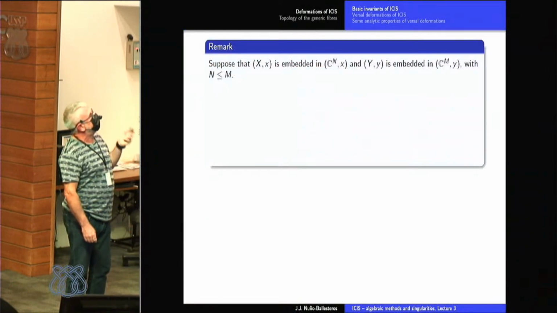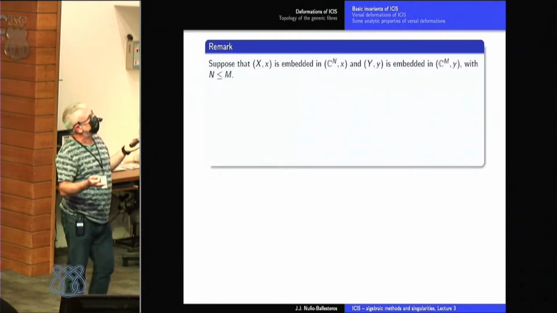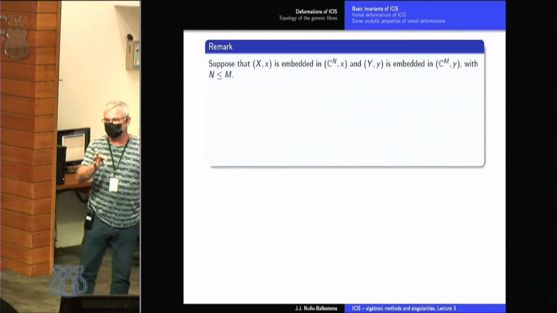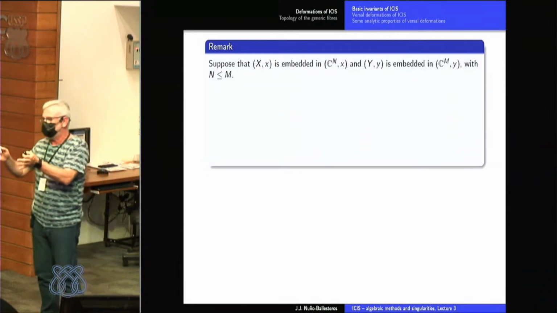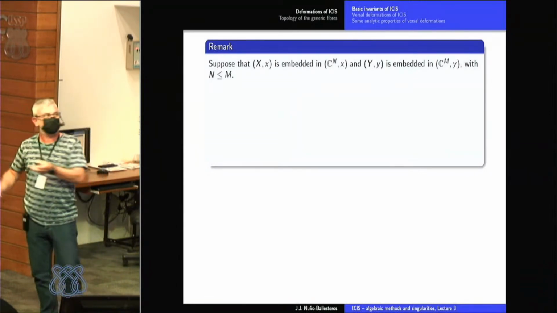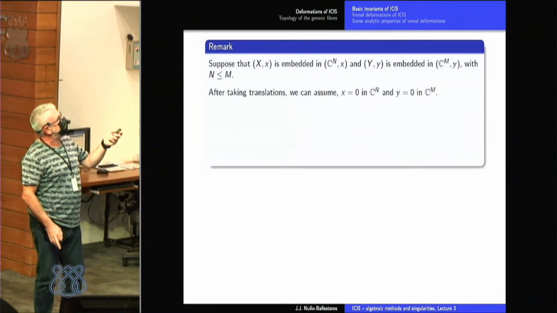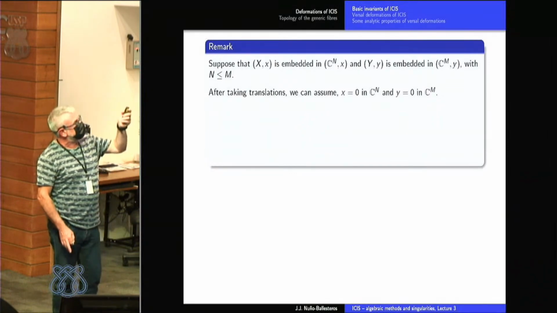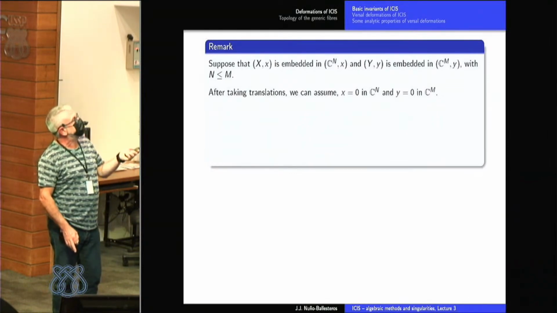Okay, so one remark is that sometimes we have one ICIS which is embedded in some ambient space, and another ICIS which is embedded in a different ambient space. No problem, because after taking translations, for simplicity, we can assume that the points are the origin in the ambient spaces.